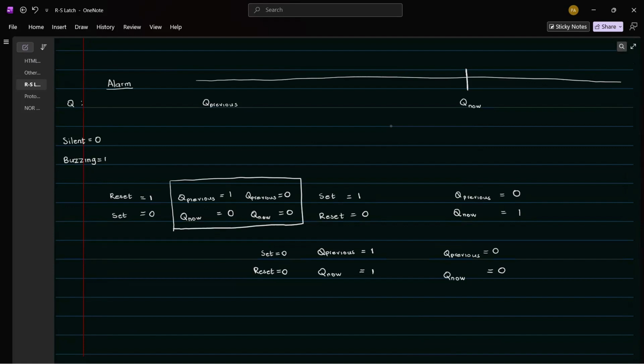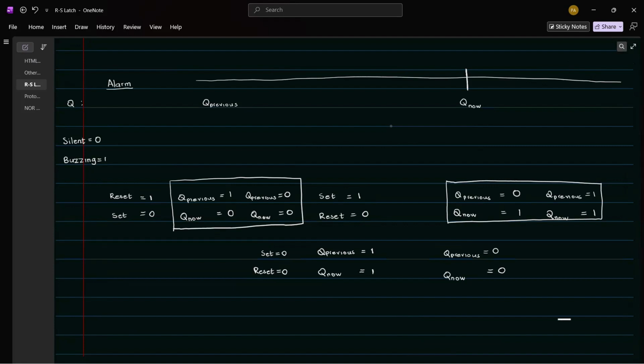Q previous is stored in the RS Latch. Similarly here also, what if Q previous was already making sound, Q previous is equal to 1? What if another intruder comes in and trips the wire again, or triggers the sensor again? Well, nothing changes. The alarm will keep making sound. That's why it knows what was happening earlier.